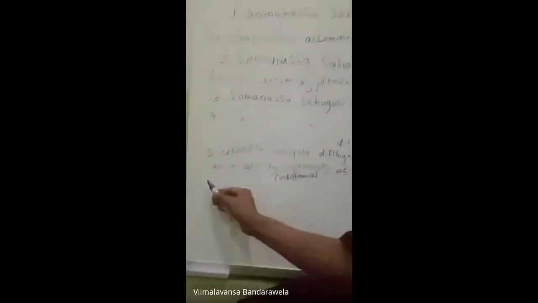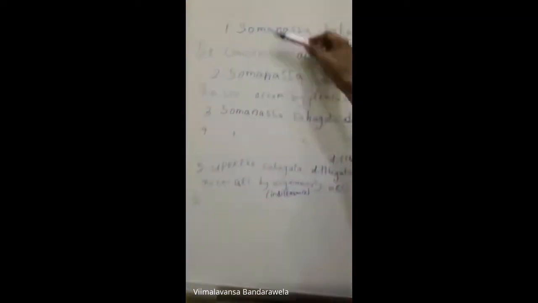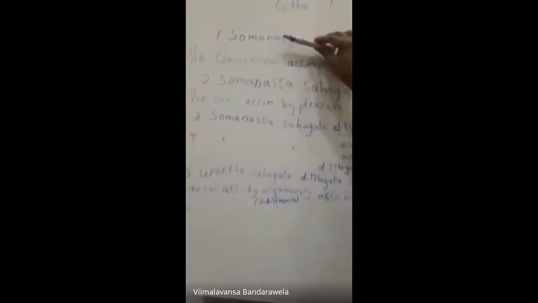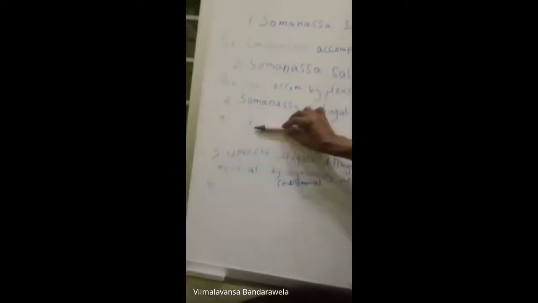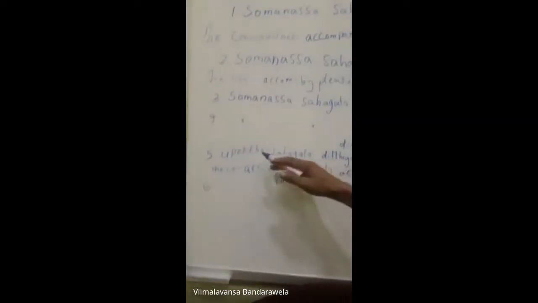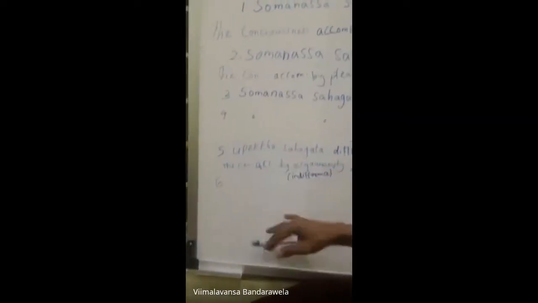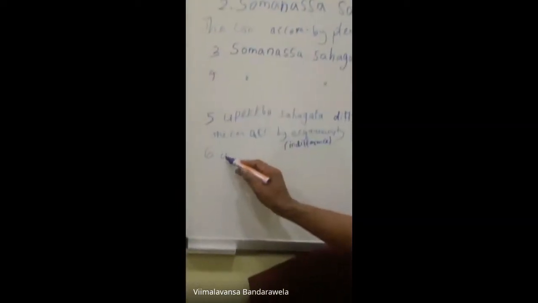Okay. Then the sixth consciousness. Now we have four somanasa consciousnesses, right? Pleasurable consciousness, this somanasa, this is also somanasa, this is also somanasa, and the fourth one is also somanasa. Now we have four upekkha consciousnesses. The second one is upekkha sahagata, right?